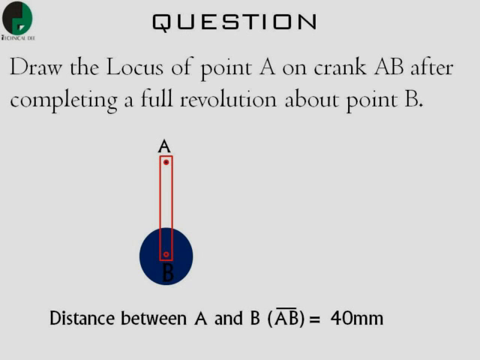Before we finally round off, we'll take a question to analyze. The question says, draw the locus of point A on crank AB after completing a full revolution about point B. It can be anti-clockwise or clockwise, but let's just say clockwise. Since it's a full revolution, it's going to be a circle.